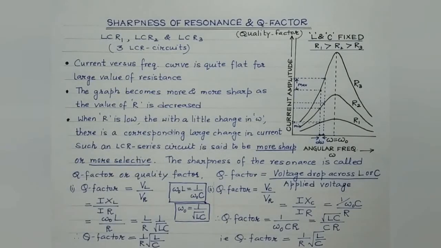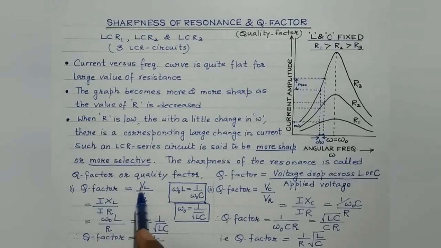So either the Q factor is defined as the ratio of the voltage drop across the inductor to the voltage drop across the resistor, or as the ratio of the voltage drop across the capacitor to the applied voltage, that is the voltage drop across the resistor. In either way, we get the same expression for the Q factor.